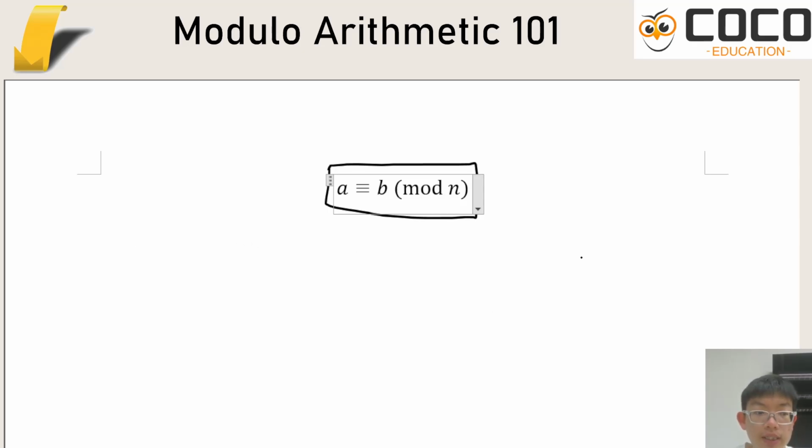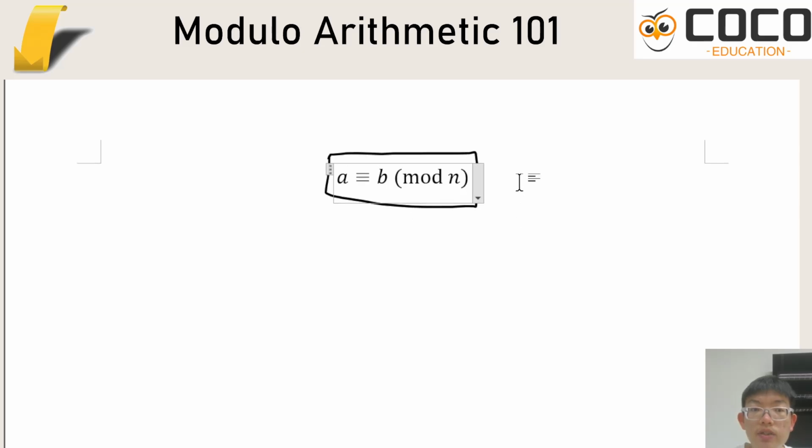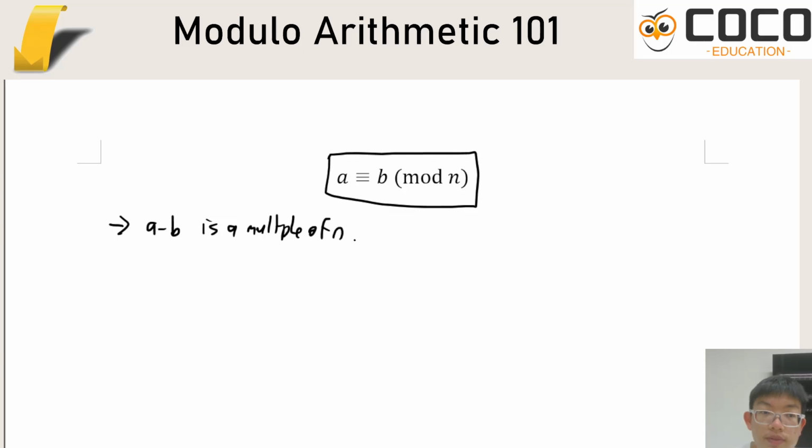So symbolically, A is congruent to B mod n is just saying something very simple. It just means that A minus B is a multiple of n. So for example, we would be able to say that 7 is congruent to 4 mod 3 because 7 minus 4 is 3, which is a multiple of 3.